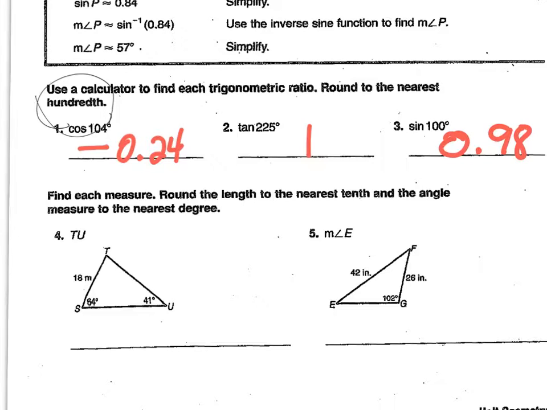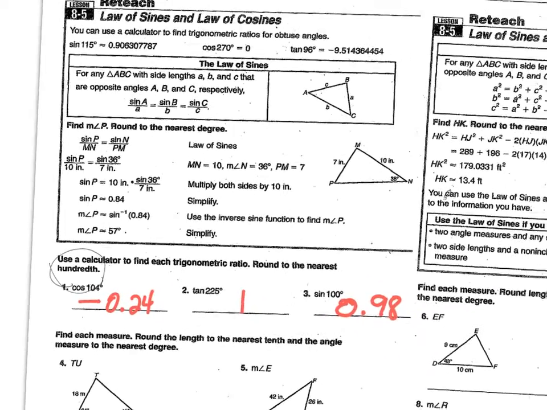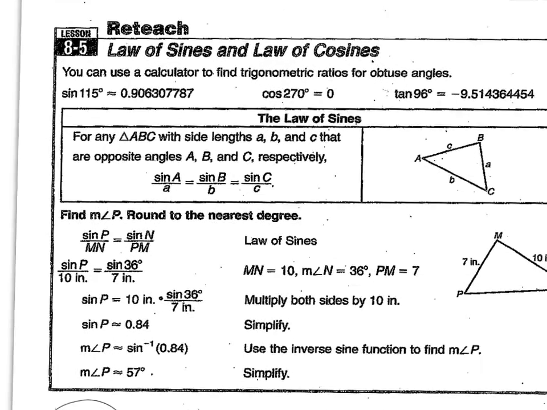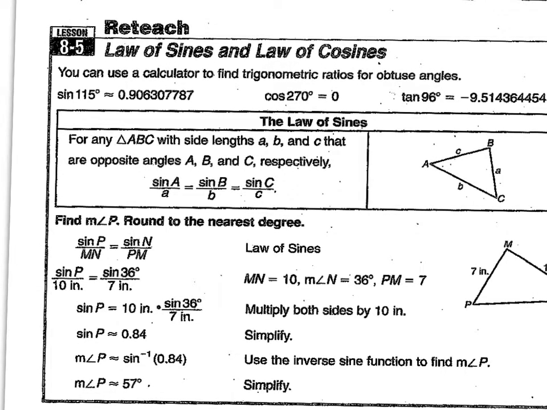Let's go over the first property. Notice that here we have sine of A over a equals sine of B over b, and that equals sine of C over c.